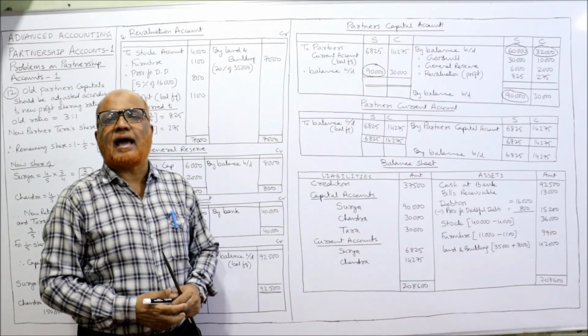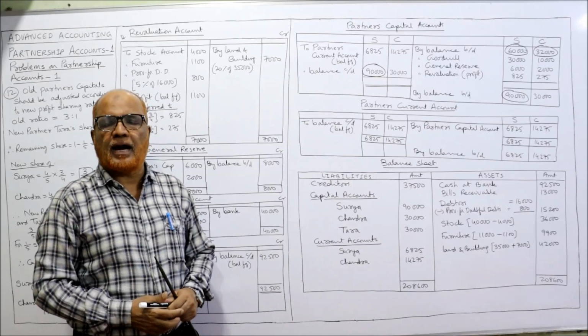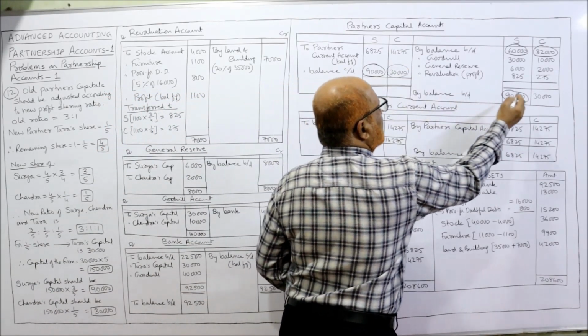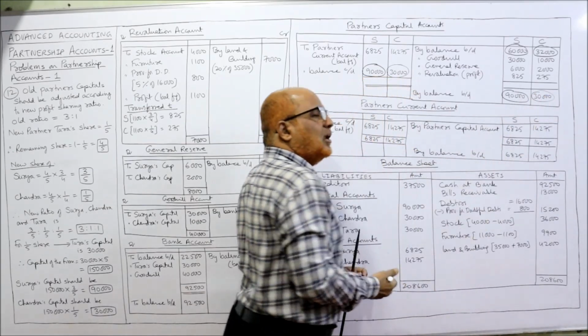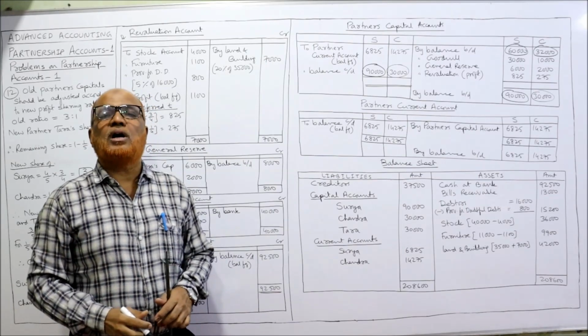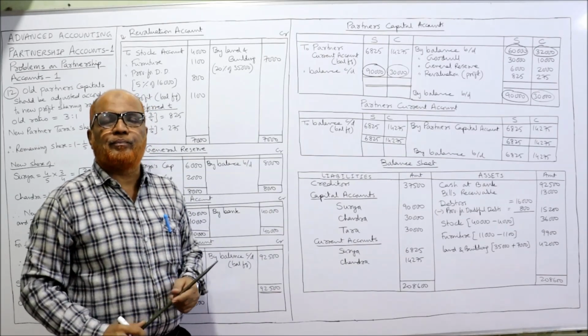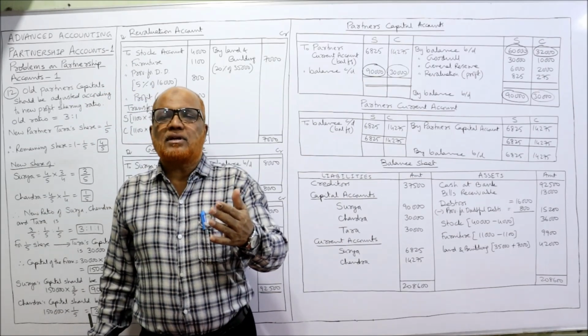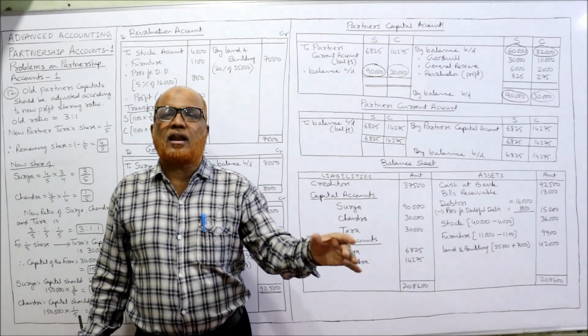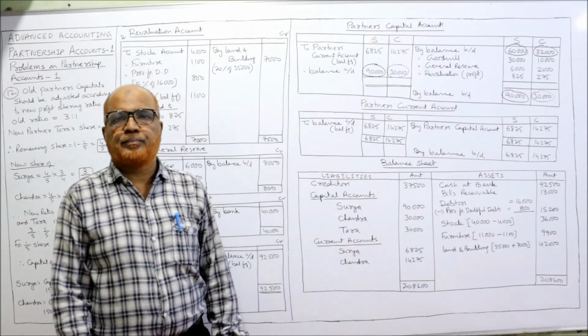Similarly, Chandra's capital should be 30,000, here 30,000. Now the balancing figure should be transferred to the current account. Any excess or shortage of capital should be adjusted in the current account, that is given in the problem.